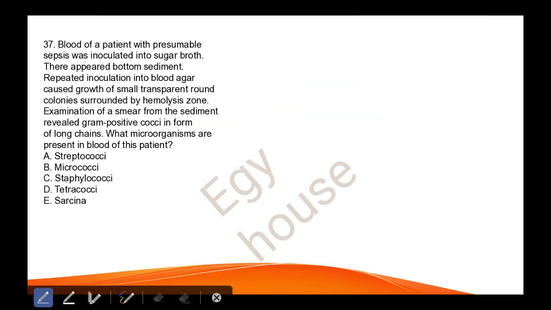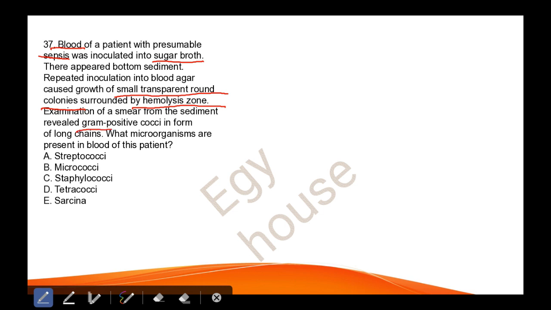The next question. The patient was having sepsis. Sepsis is a pathological blood problem caused by bacteria in the blood. In the sugar broth, we inoculated some bacteria from the blood, and we saw that the blood agar showed some small transparent round colonies surrounded with hemolysis zone.